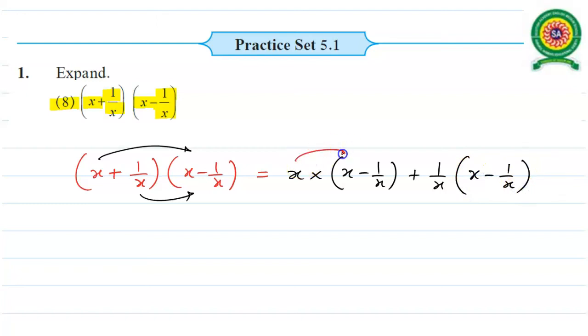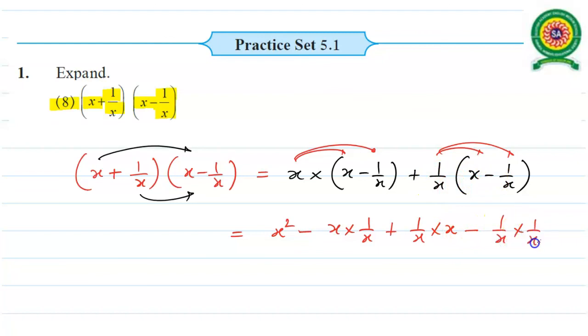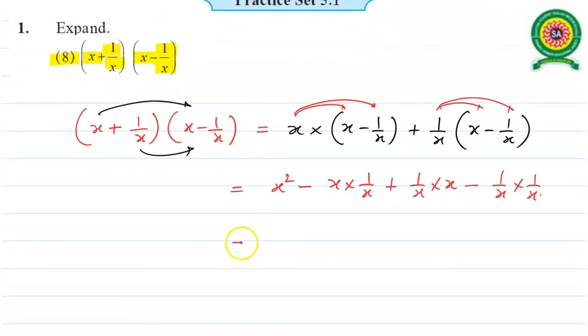Now distribute again x over the bracket and 1 upon x over the bracket, so that we are getting x into x becomes x square, plus minus minus, x into 1 upon x, plus becomes plus, we are having now 1 upon x into x, plus minus becomes minus 1 upon x into 1 upon x. So try to simplify it now.